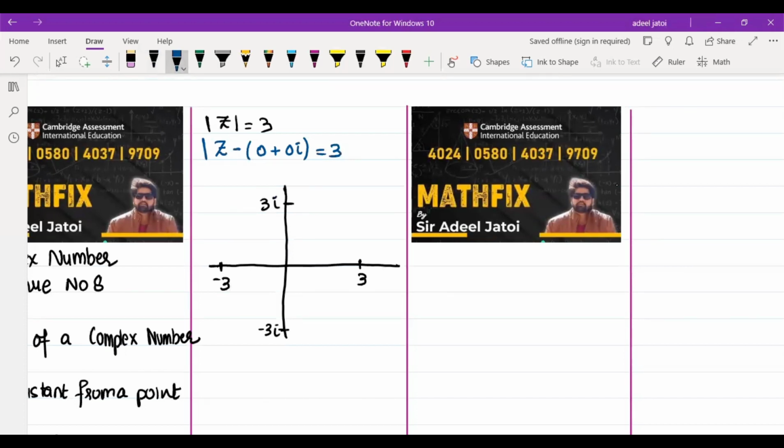So the origin is the center, and the circle with the distance of 3 will be drawn that will cut all the points with the same distance. That means each point will have the distance of 3 to the top, right, down, and towards left. All the values will have distance of 3.